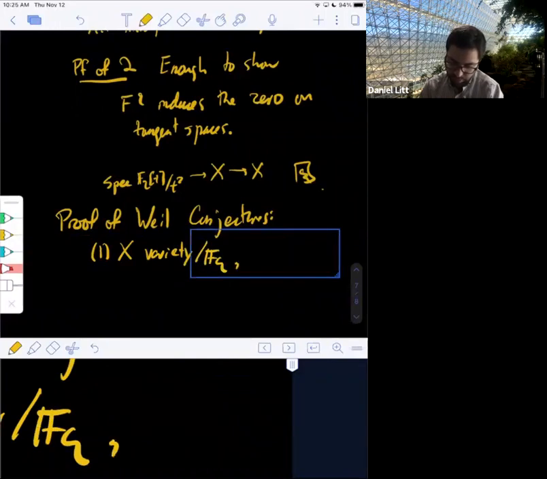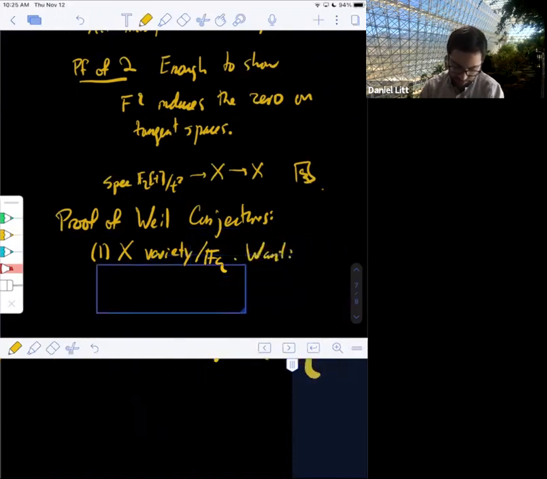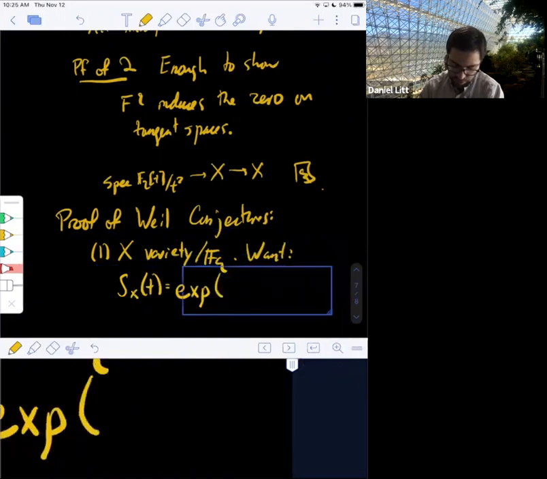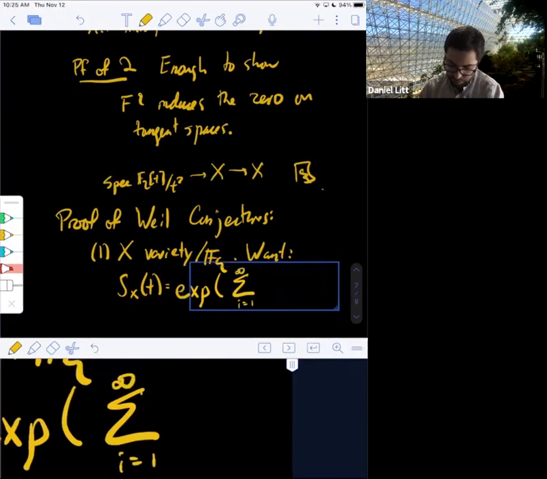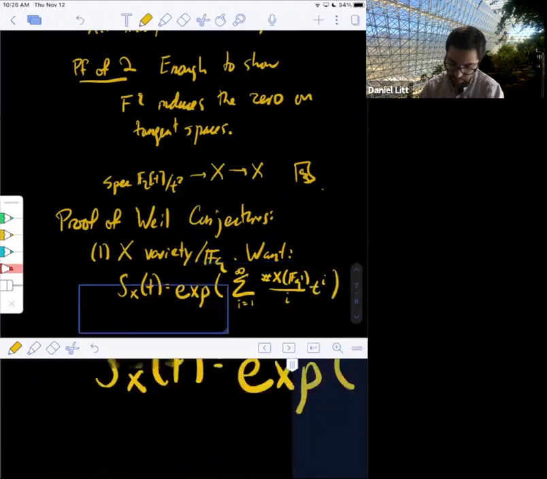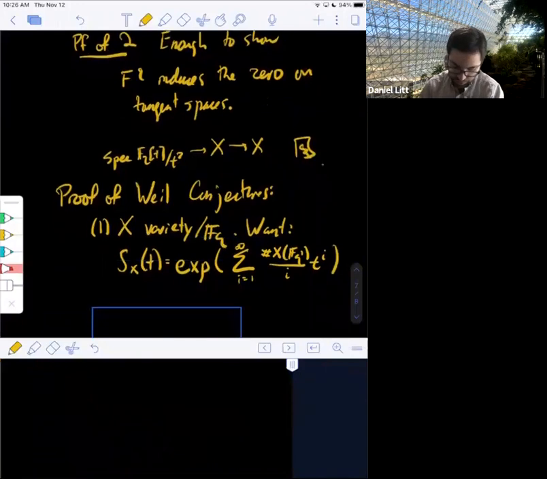What we want to prove is that the zeta function of X, let me remind you of the definition, is exp of the sum from i equals 1 to infinity of the number of rational points of X over FQ to the i, over i, times T to the i. We want to show that this is a rational function of T.